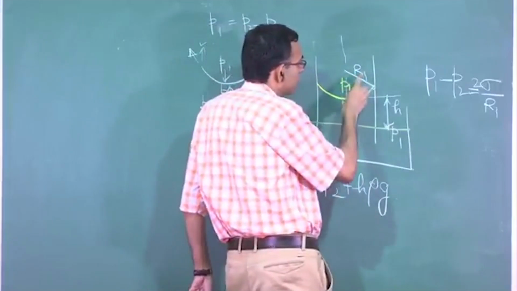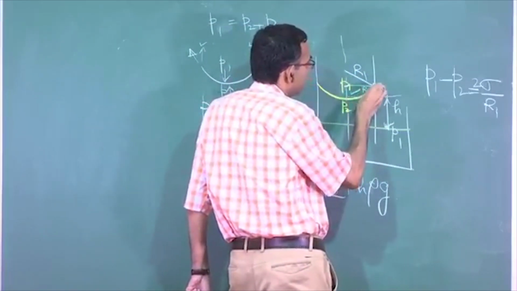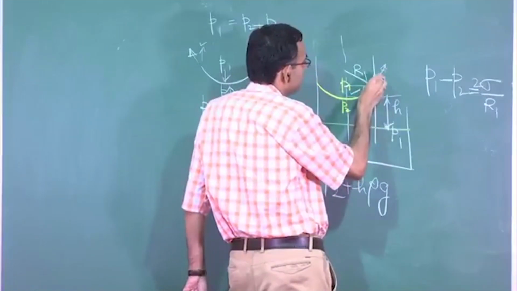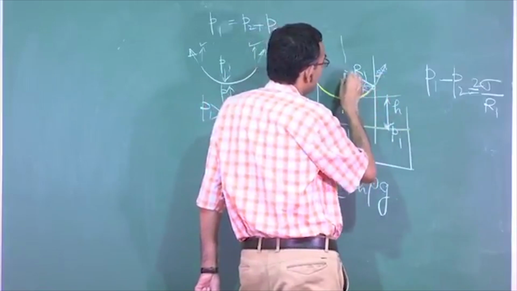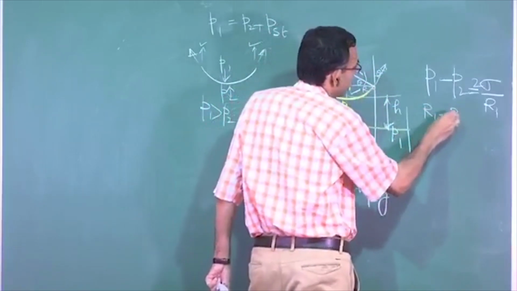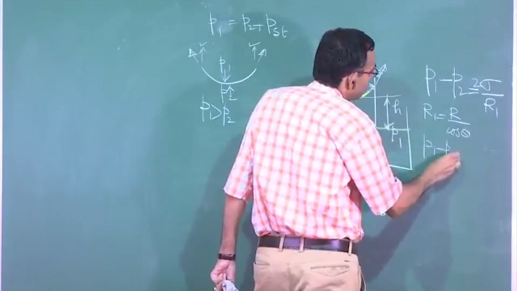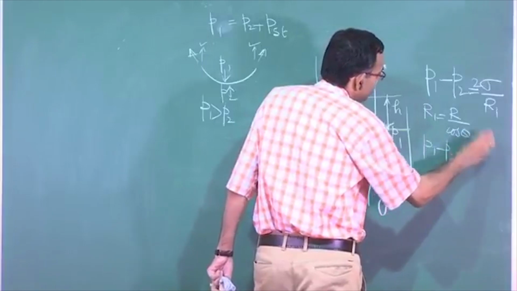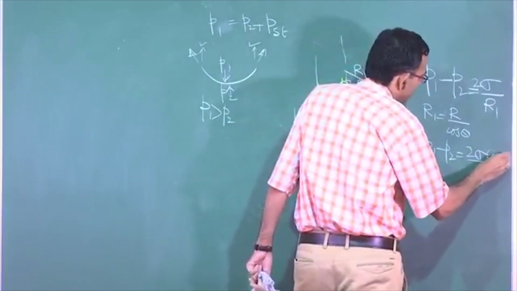So r1 is not the radius of the capillary tube. The radius of the capillary tube is r, and if this is the contact angle theta, you can write from the right angle triangle that r1 is equal to r by cos theta. So P1 minus P2 is equal to 2 sigma cos theta by r.